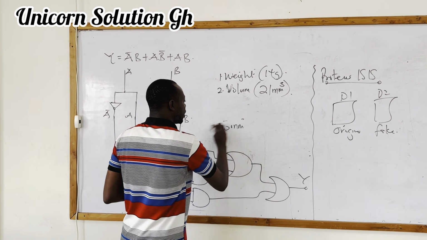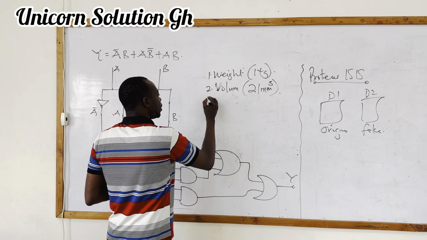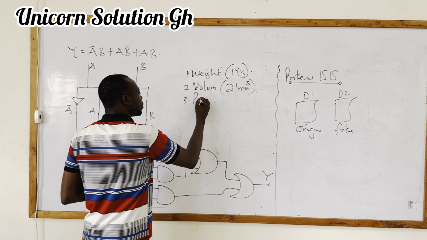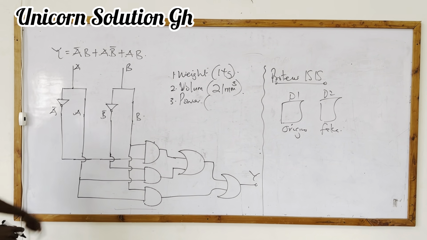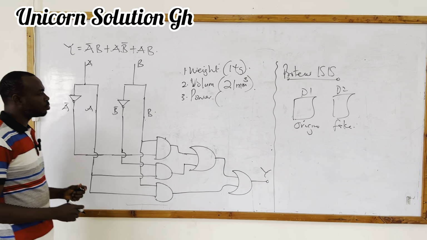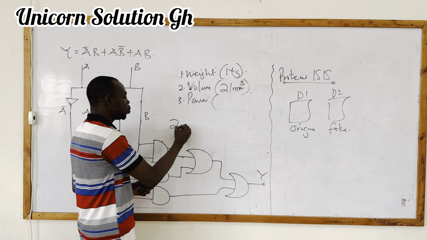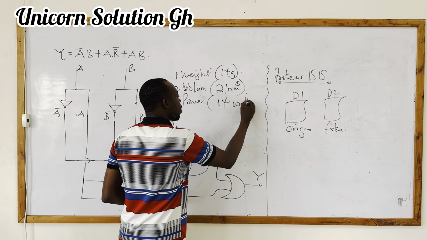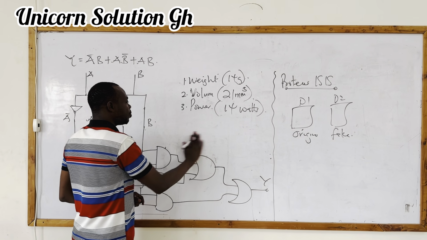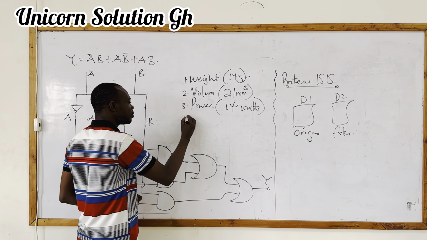Then we talk of power consumption. The electronic device will be consuming power. If each gate consumes about 2 watts, we are going to have 14 watts.